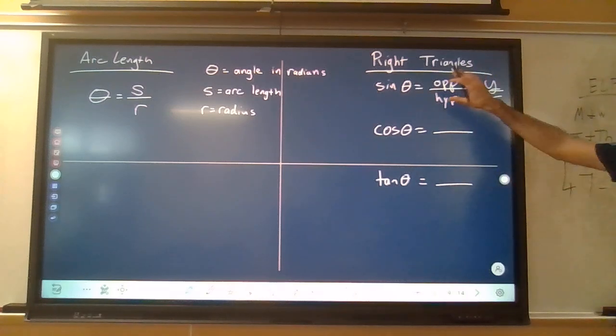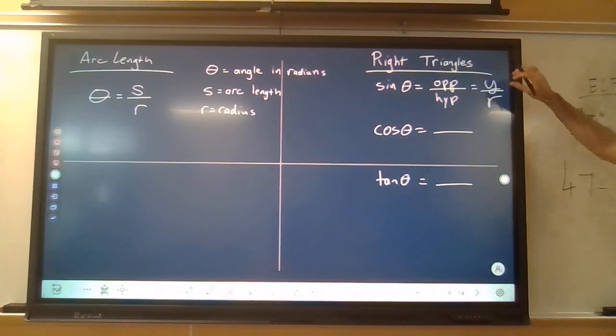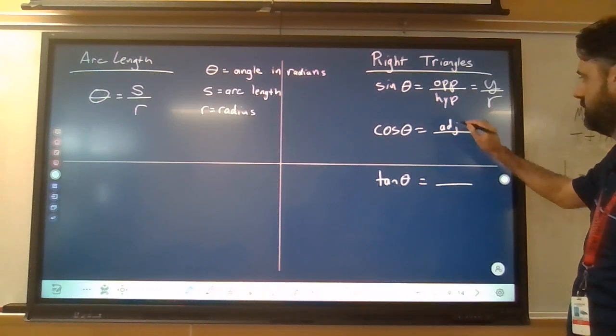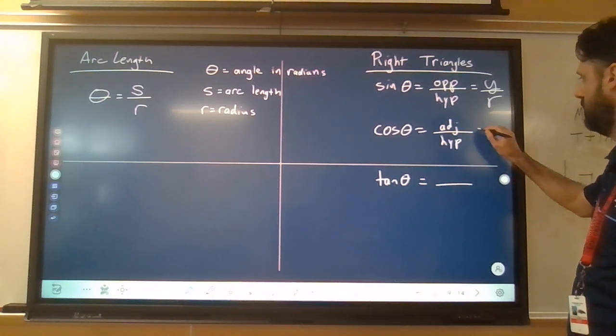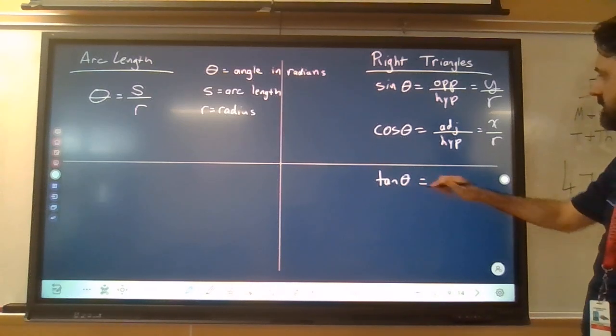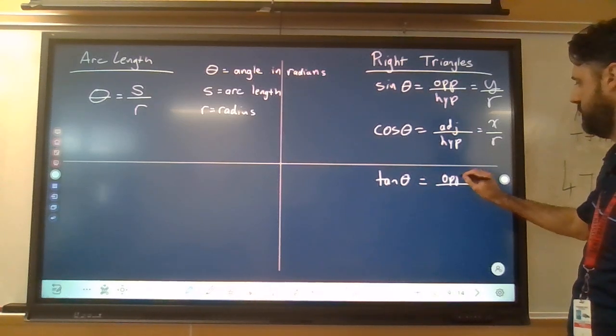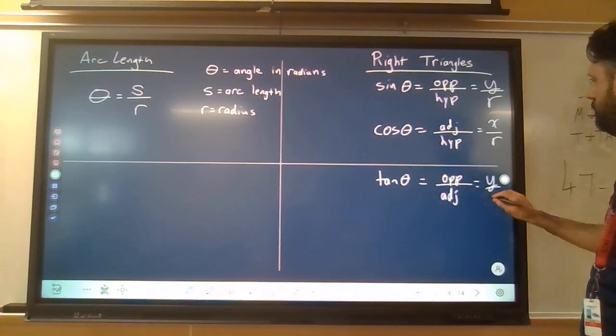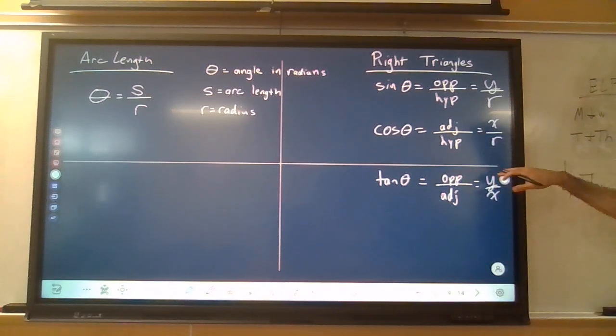Both of those are fine here: opposite over hypotenuse or y over r. Same with cosine: adjacent over the hypotenuse, or x over r. And the tangent is opposite over adjacent, or y over x. That's the same on the unit circle as it is with the normal right triangle.